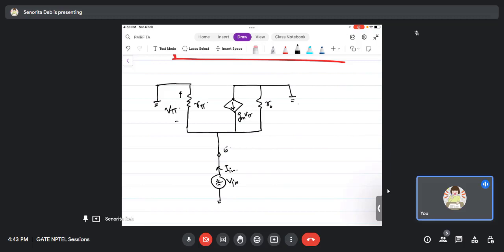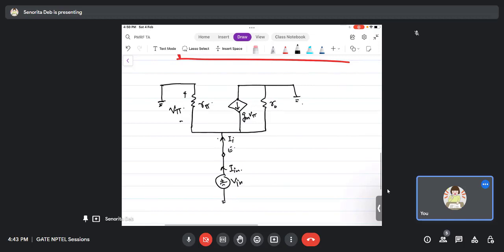You can put a KVL and KCL both. So this is Iin, and from here gm V pi is coming. Consider ro as infinity, so a very small amount of current goes that way, for simplified solving. So this is the current which is Iin plus gm V pi. I hope till here it is clear. There is no rocket science here. It's pretty simple.